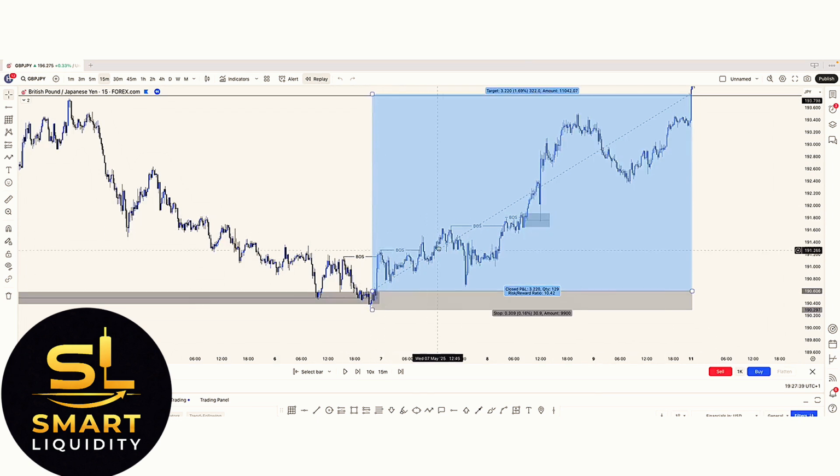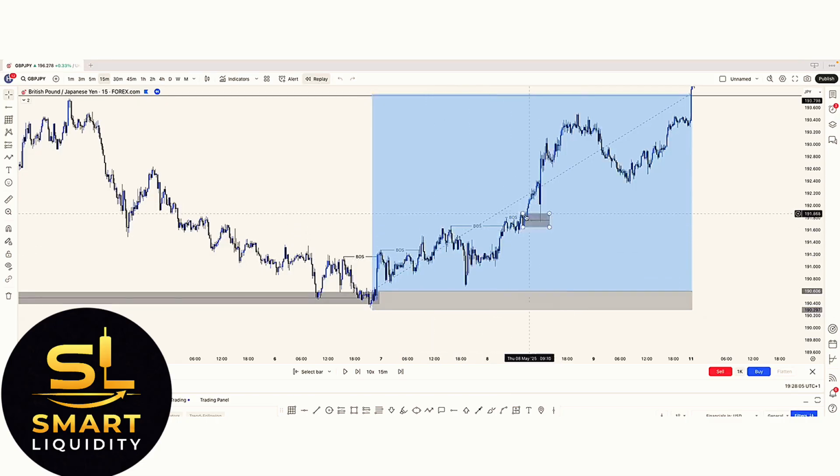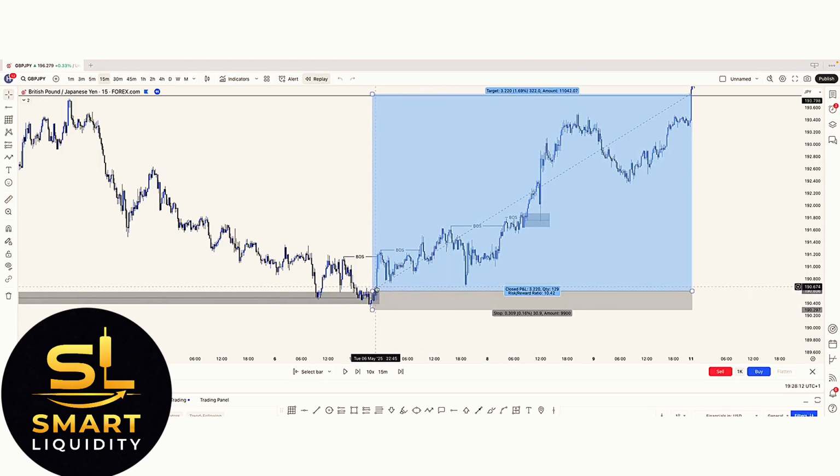So as price was moving, I just knew that all these things were just roller coaster stuff, and I just needed to see another structure that I would add more positions for. So you can see as price was pushing up, returning back, all I was looking for, I wasn't panicking. That's why I said remove fear from trading. All I was looking for was opportunities to still add to the positions, because if this trade had hit SL, what would leave my account would just be 2% of my account.